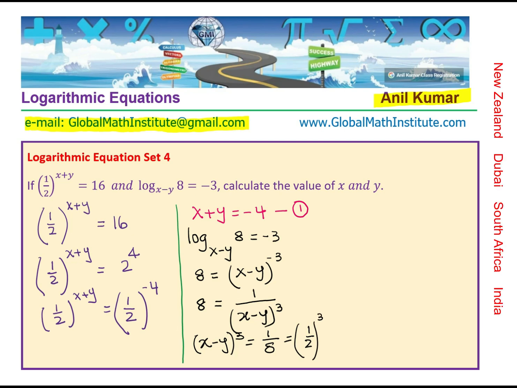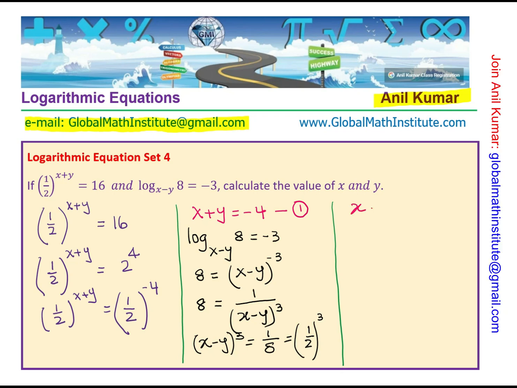Now, in this case, what do you see? Well, the exponents are the same. When exponents are the same, then the bases should be equal. Only then can this exponential equation be solved. Therefore, we get our second equation, which is x minus y equals half. We label this as 2.